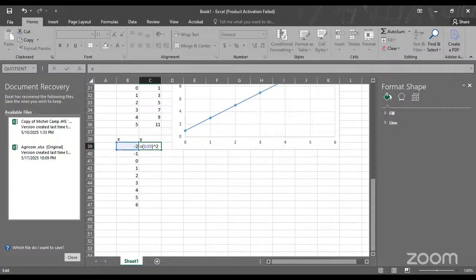So it was x squared minus 4x plus... what? Sorry.